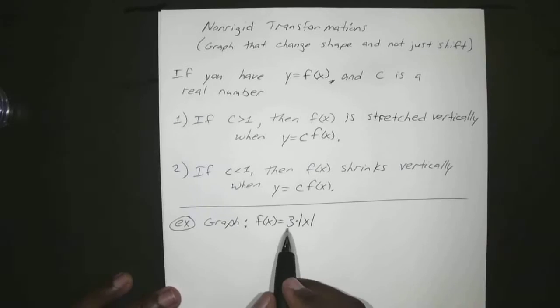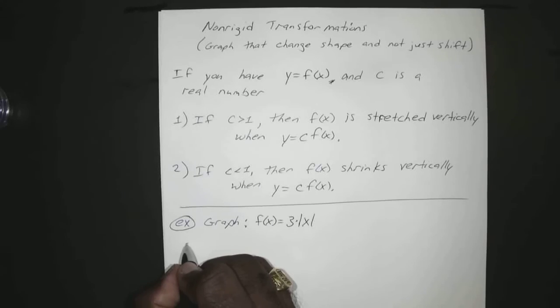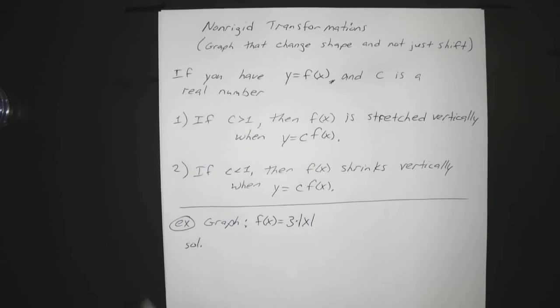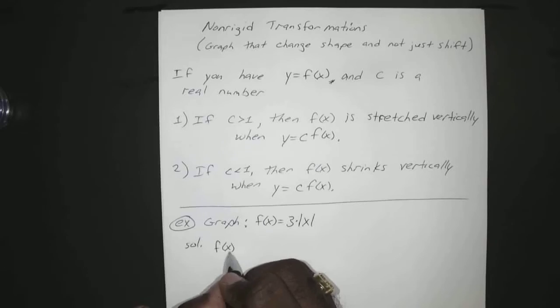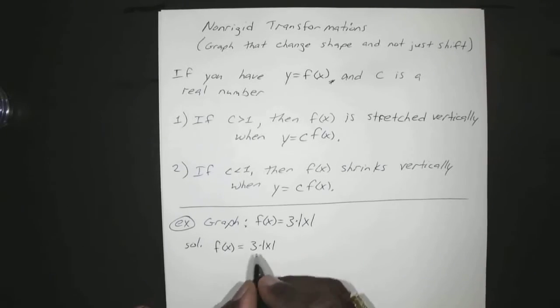In this case, of course, c is greater than 1. Remember, f of x is equal to 3 times absolute value of x.